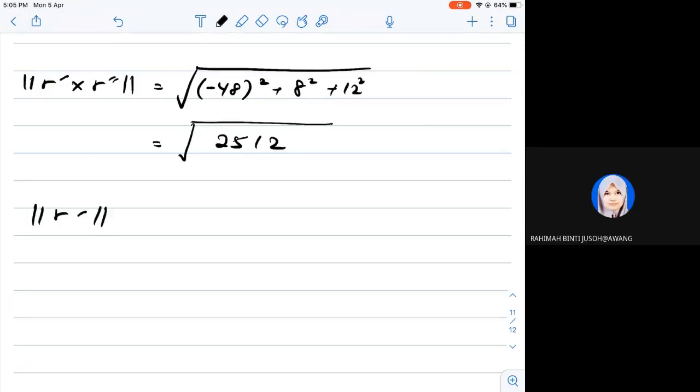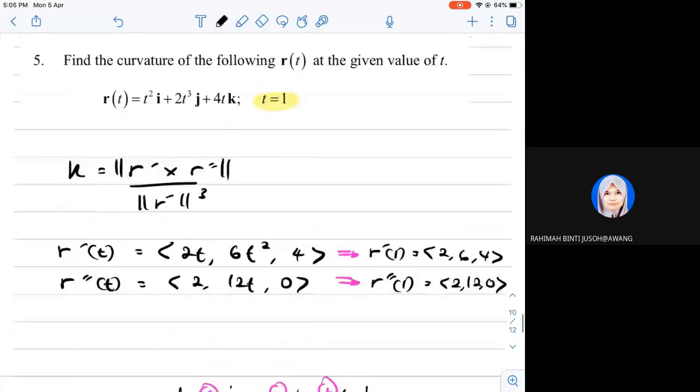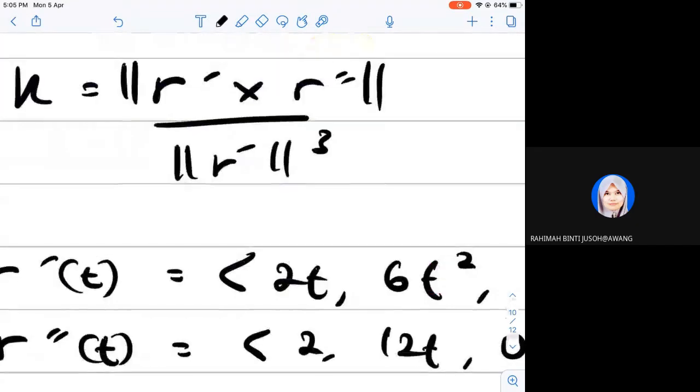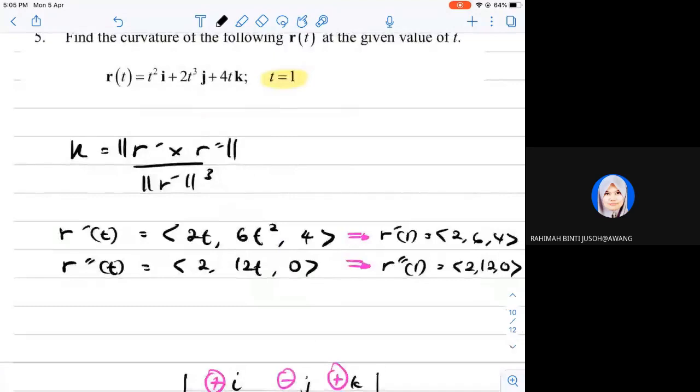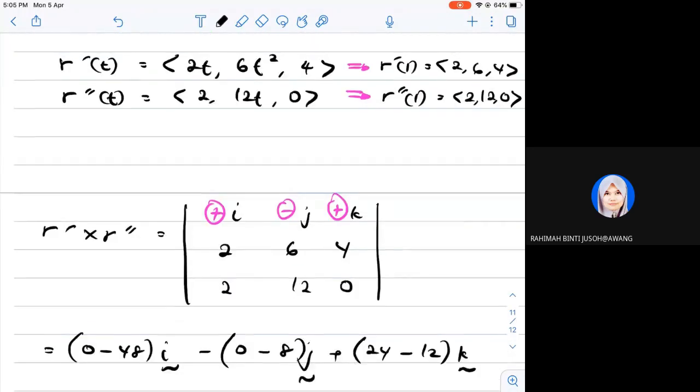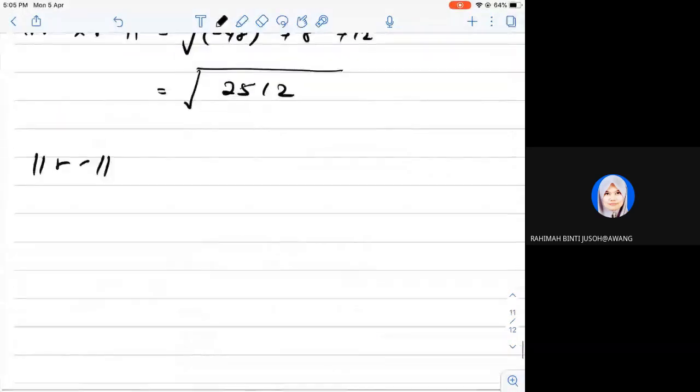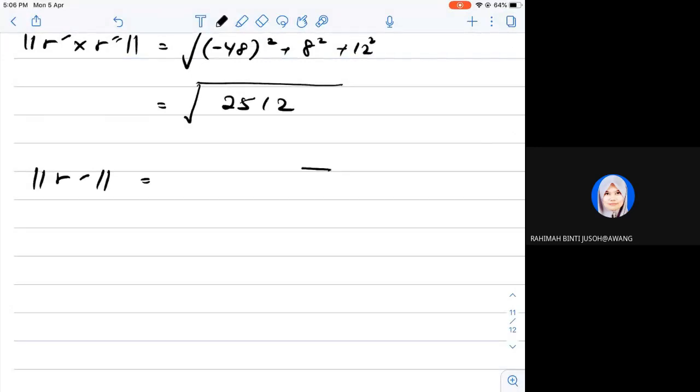Well done, well done. Next, kita kena cari magnitude of R prime sebab dekat bawah tu magnitude of R prime, kuasa 3. So, R prime kita apa tadi? 2, 6, 4. So, punca kuasa 2 kuasa 2 tambah 6 kuasa 2 tambah 4 kuasa 2. So 4, 36, 40 tambah 16, square root 56.